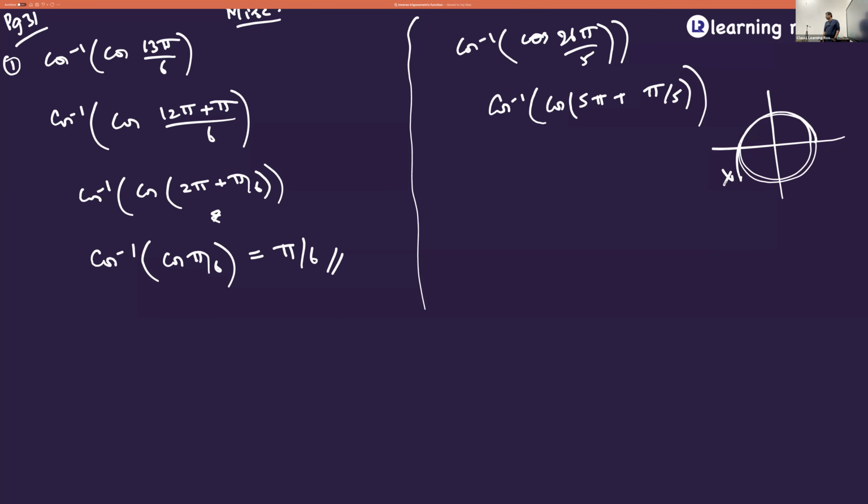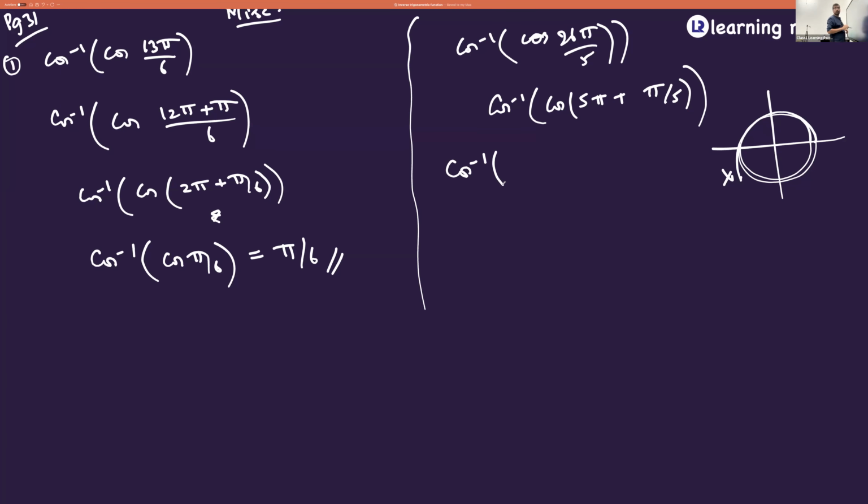Odd multiples of pi will always fall on the border of the second and third quadrant. Odd multiple minus something is second quadrant. Odd multiple of pi plus something is third quadrant. That something should be an acute angle. Pi by 5 is an acute angle, 180 by 5.